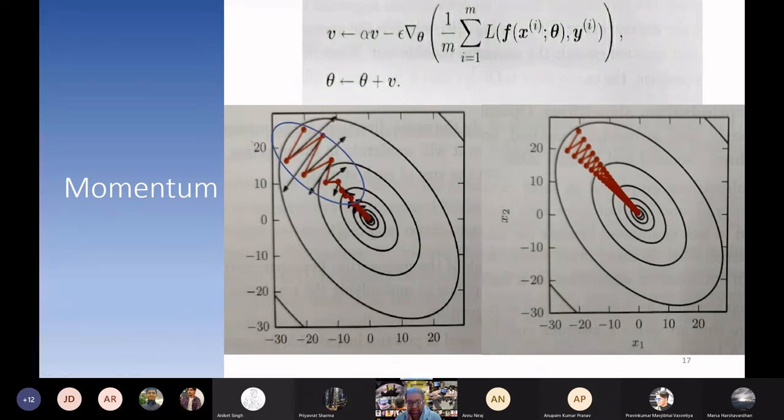So in this case, we use momentum, which means that we increase the change when the direction is not changing, that is, when the gradient is changing in the same direction. Here you can see that along this axis there are big oscillations.